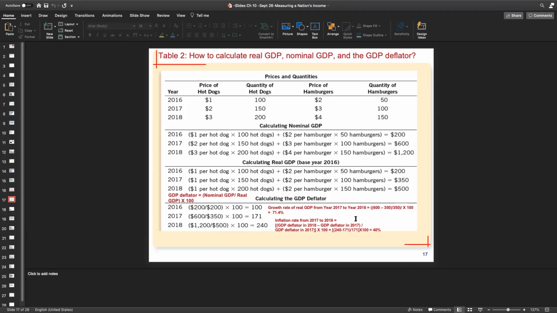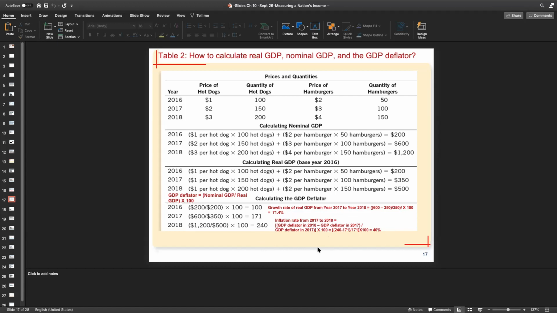And that actually gives you the growth rate of the real GDP from 2017 to 2018 in percentage. The inflation rate from 2017 to 2018 can be calculated by the GDP deflator in 2018 minus the GDP deflator in 2017, divided by the GDP deflator in 2017, multiplied by 100.